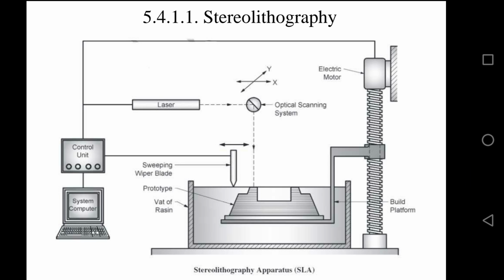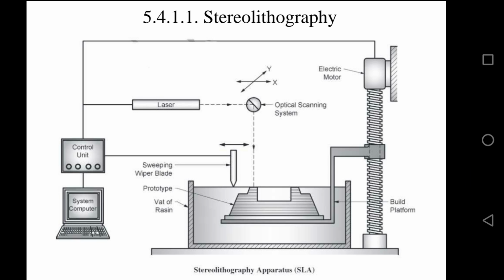What is the working process of stereolithography? In the first step, whatever we are manufacturing, we must have a 3D CAD model. So the first step in this process is the creation of the 3D model. What is the next step? This is a rapid prototyping technique, so we have to generate a stereolithography file, that is the STL file.